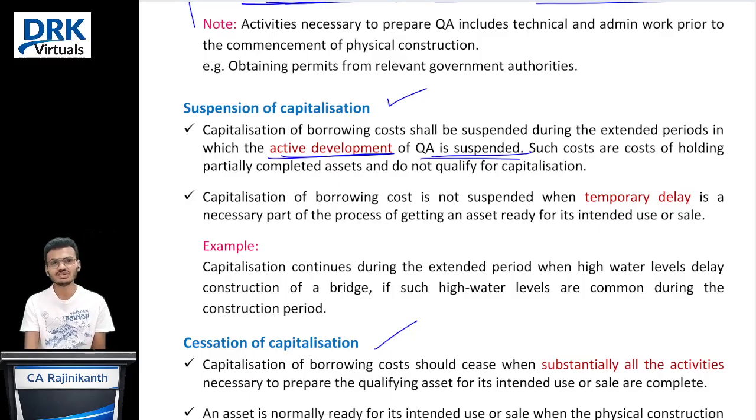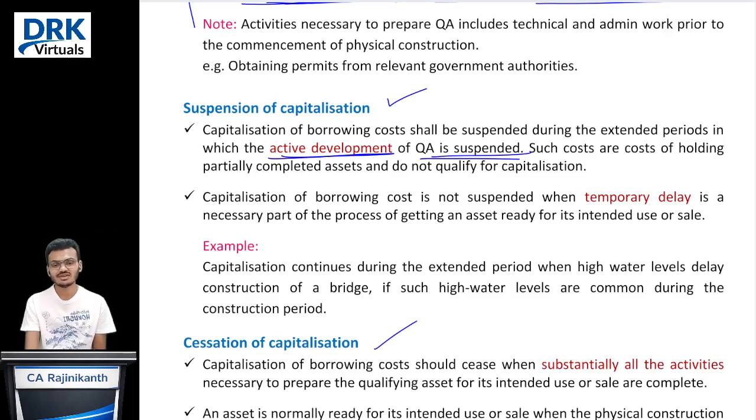For suppose COVID-19 came, government imposed a 9 months lockdown. During that 9 months, no worker came for construction of the qualifying asset. Because of that, our active development of the qualifying asset was interrupted. So during that period, you charge that expense to profit and loss account. You should not capitalize.